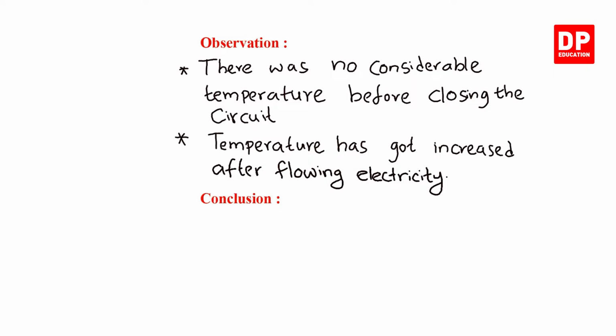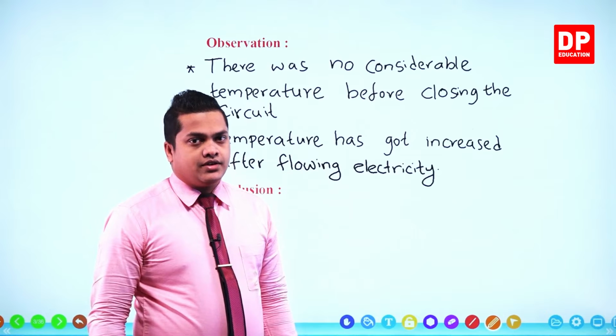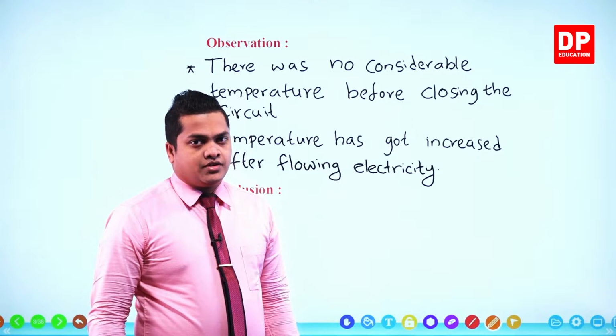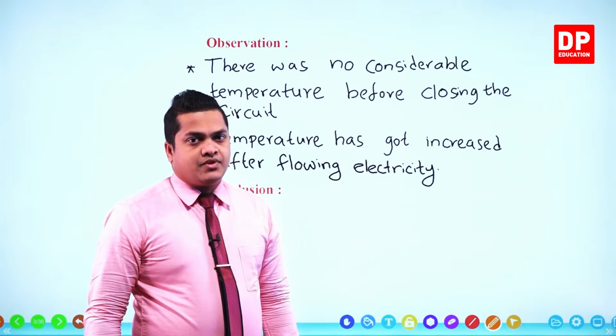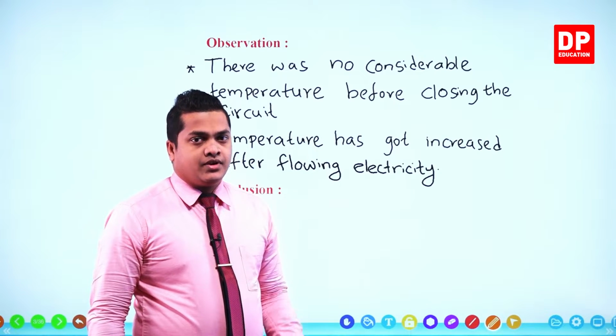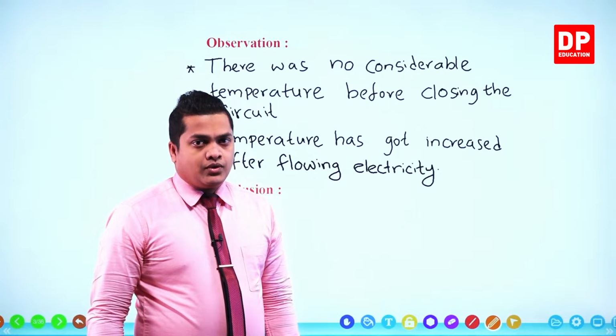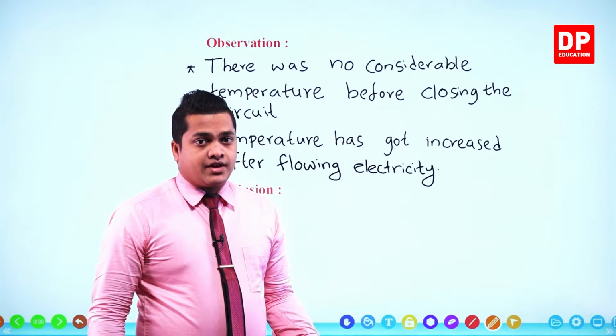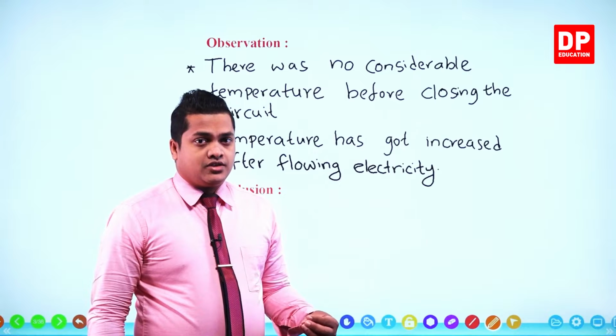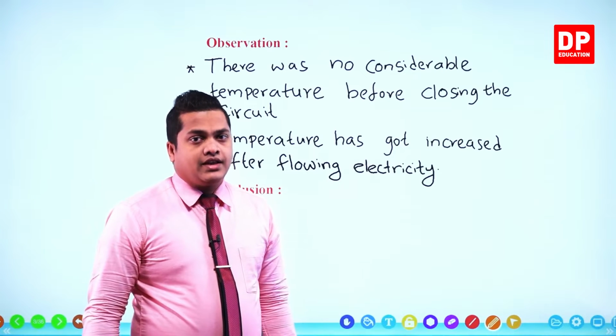I couldn't feel any temperature difference when I touched it in the initial stage. But after some time, when electricity is being provided, I could feel a good warmth in the bulb. Means that there is a considerable change in the temperature, especially the temperature has got increased.